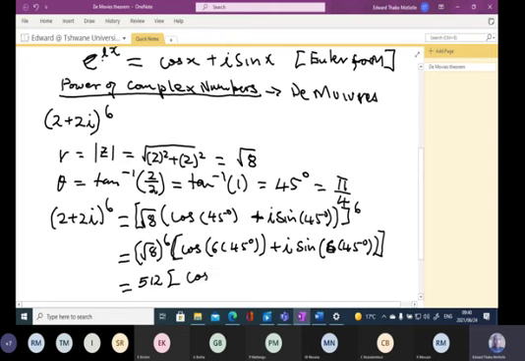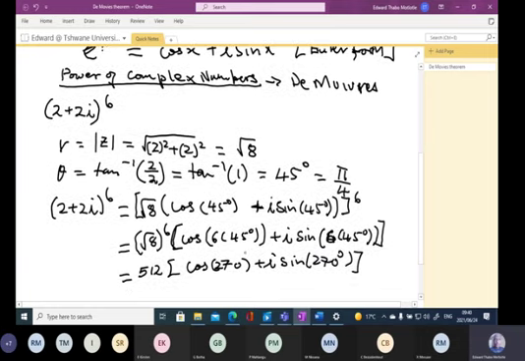And here we have cos of 270 plus i sine of 270. Now after that, you can use your calculator. Using your calculator, cos 270 gives me 0.